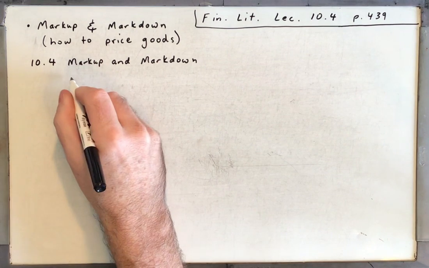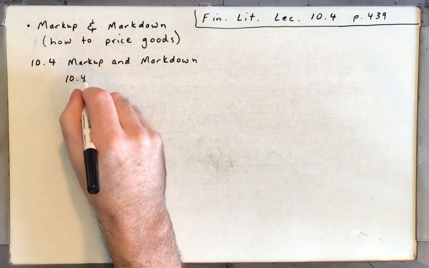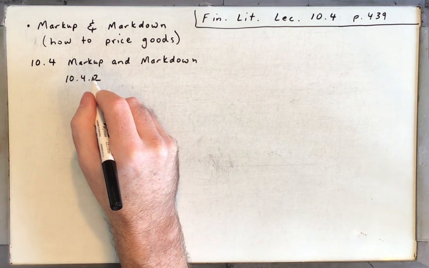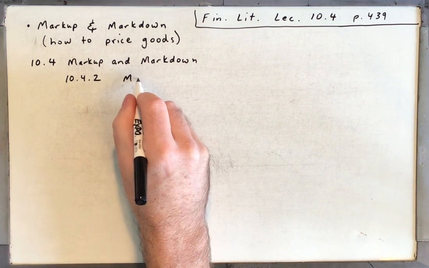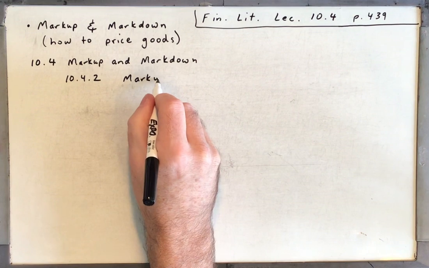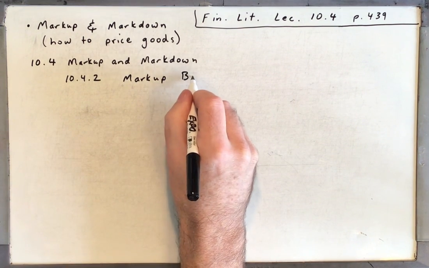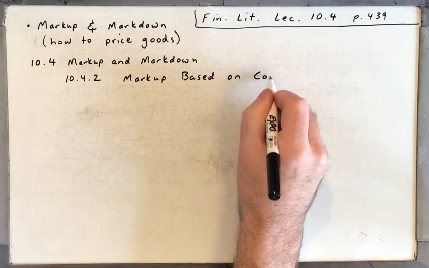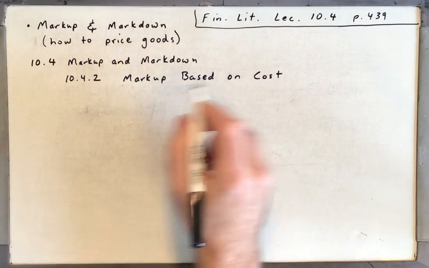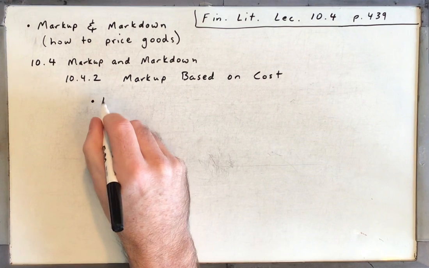All right, 10.4.2 is markup based on cost. All right, so we're going to talk about the rate of markup.